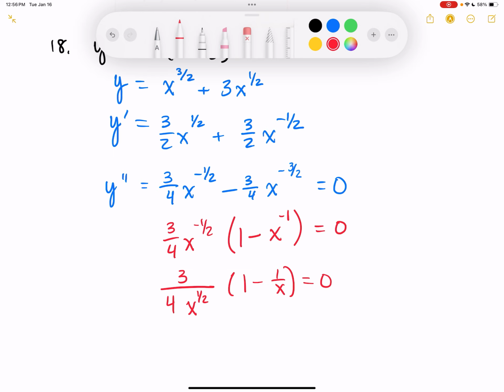Well, what's going to be the issue here? Well, you can't have a square root at the bottom. Sort of, yes, correct. But what's the issue? Undefined. It will be undefined when x equals 0.